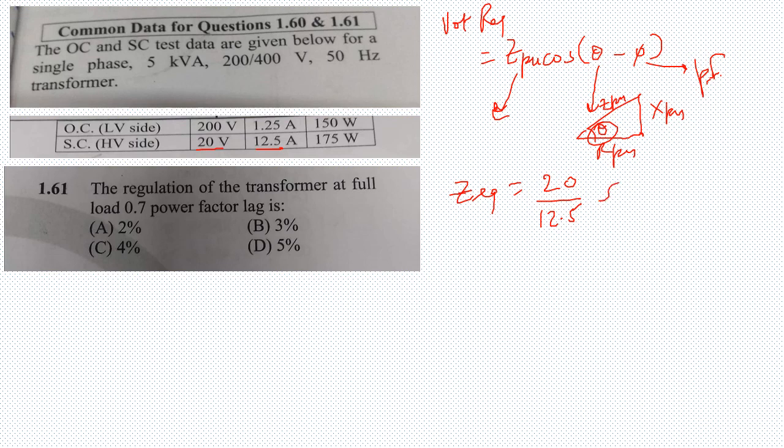This is your Z equivalent, in ohms, but what we need is per unit. So we need to define the base, and divide this by the base impedance of the transformer to get Z per unit. The impedance seen from the primary and the secondary side will be different, but as the short circuit test is always performed on the high voltage side, we need to find the impedance from the high voltage side.